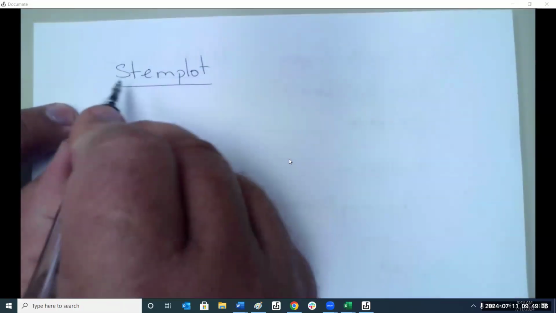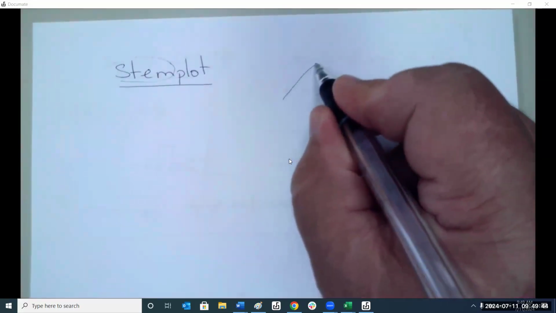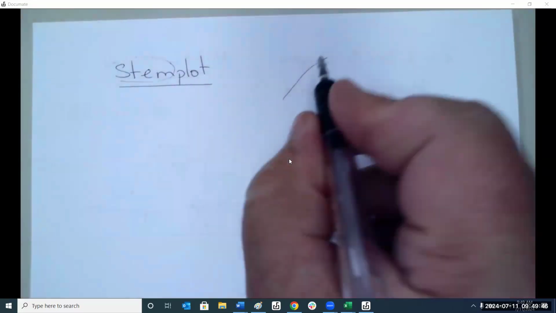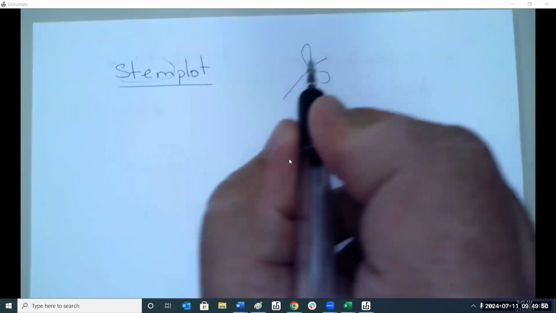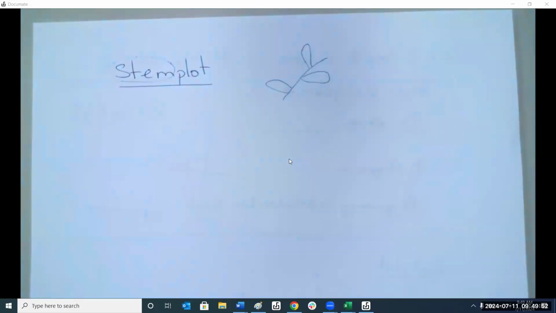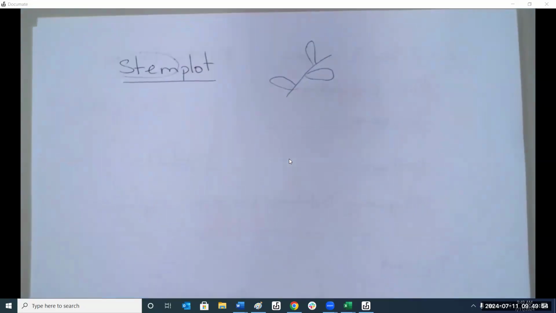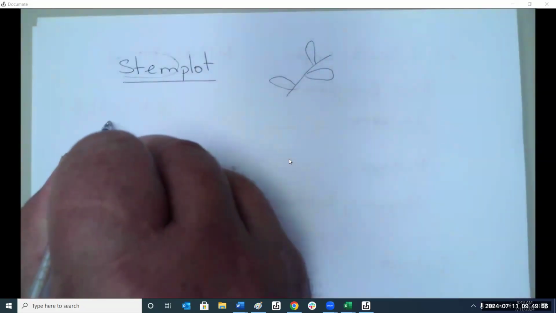Now, the reason they call this a stem plot, because you look at a flower or a branch, you have the stem, you have the flower on top, and then you have a leaf that comes off that. That's how this works. So let's say our data set looked like this.